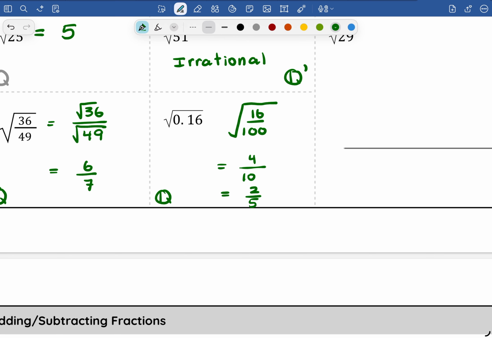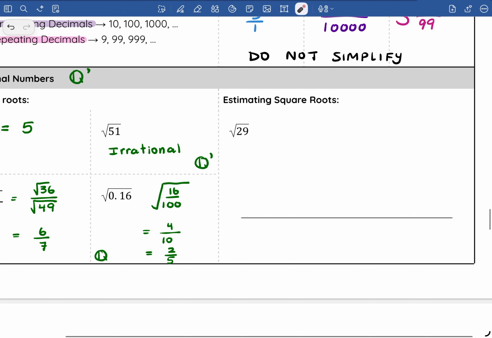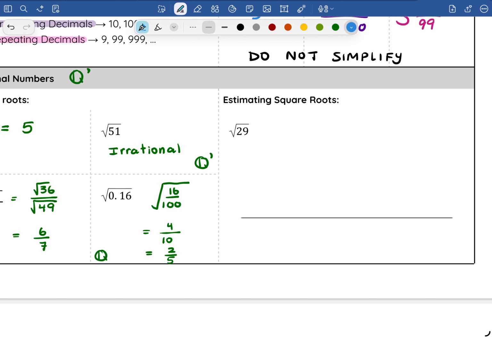What do we think? All right. As we get to irrational numbers, something like the square root of 29 can't be simplified into anything nice. It would give us a non-terminating, non-repeating decimal. So what we want to do is estimate. For something like this, we're looking at what perfect squares lie on either side of 29.